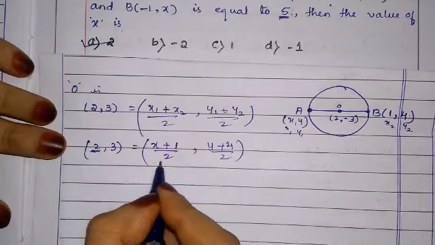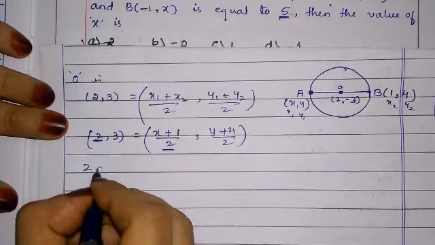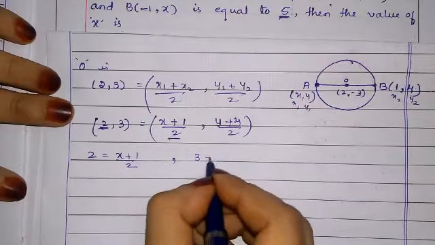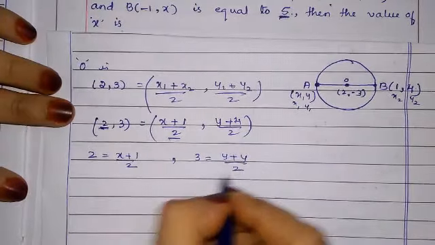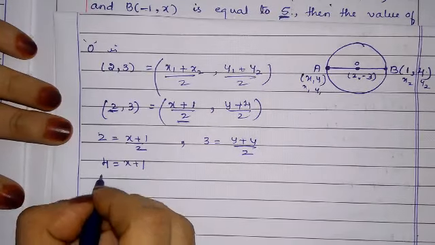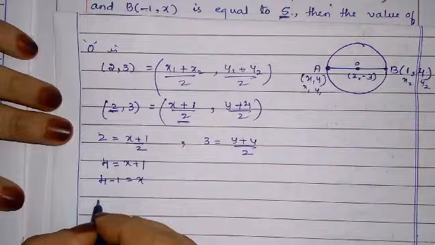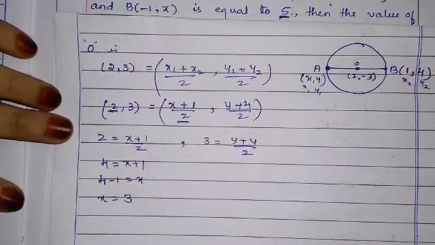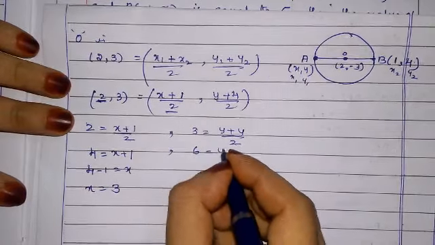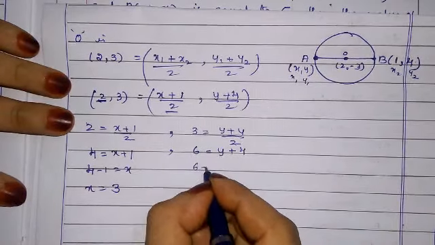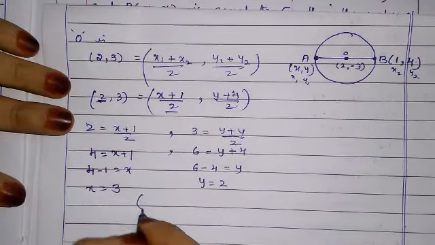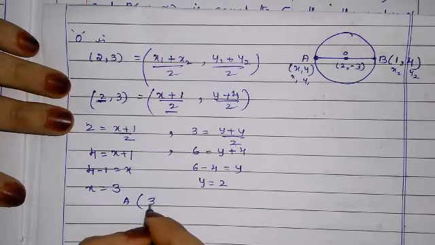Now we will compare the x coordinate: 2 equals (x + 1)/2, and we'll consider 3 equals (y + 4)/2. 2 twos are 4 equals x + 1. 4 minus 1 equals x. The x value we got is 3. Similarly, 2 threes are 6 equals y + 4. 6 minus 4 equals y. y equals 2. So the coordinate of A is (3, 2).